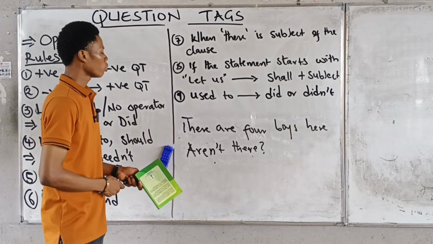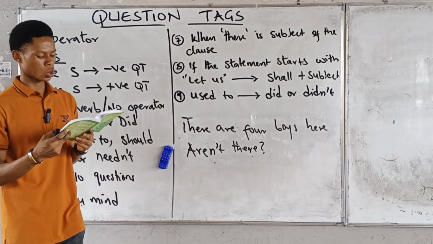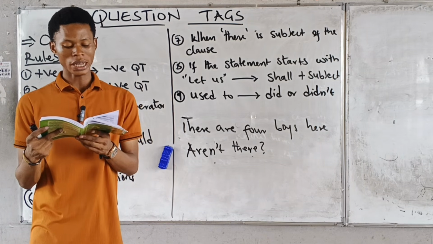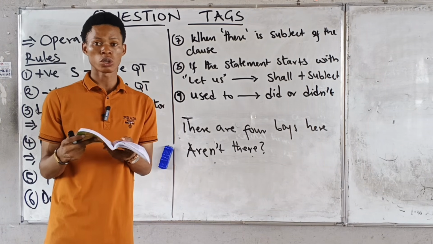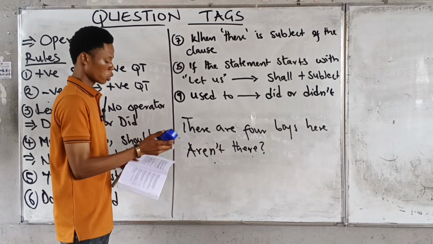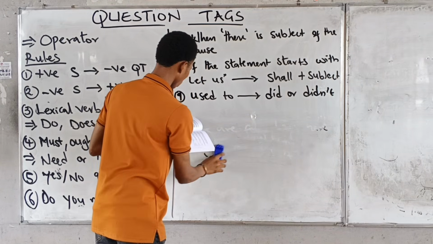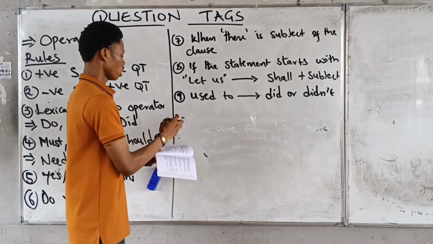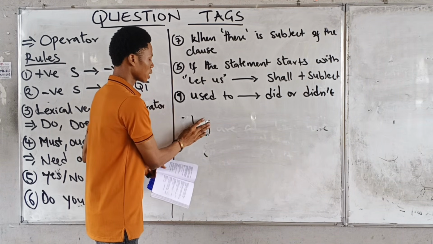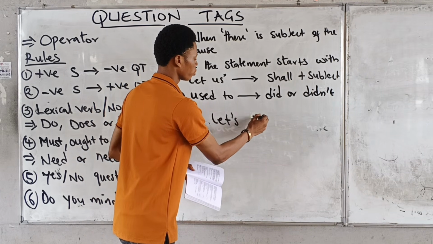All right. Now, the 8th rule. If the statement starts with let us, the second part we have what? Shall, plus the subject. So if you have something like this, let's go.